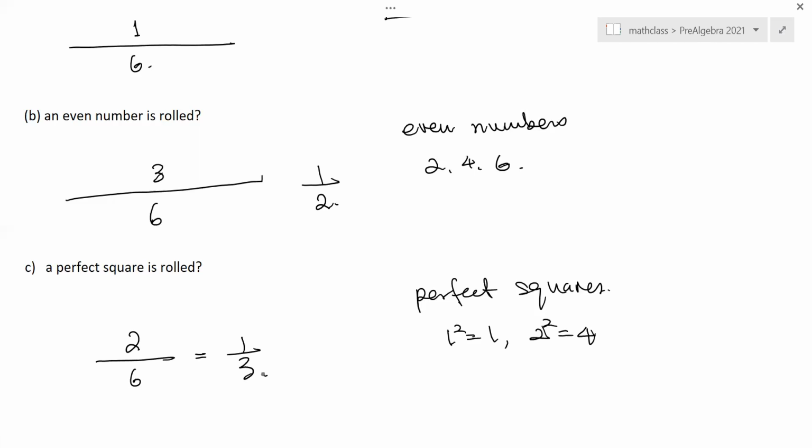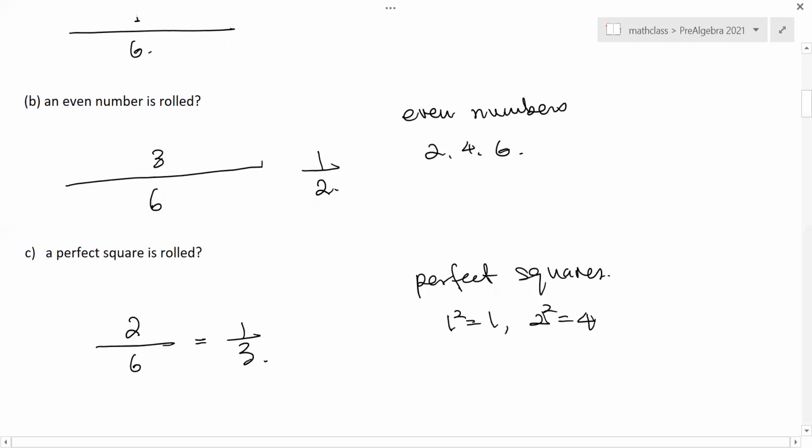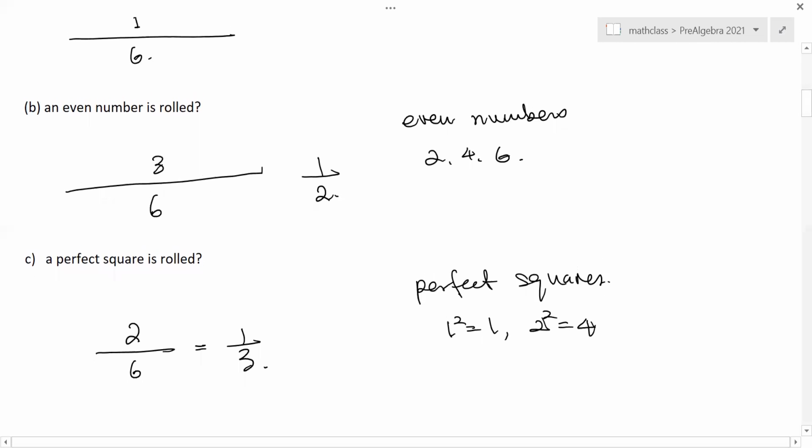So we get a pretty good idea about probability.